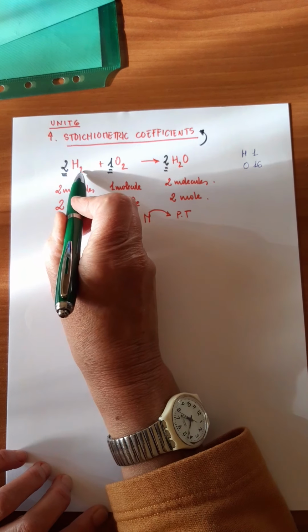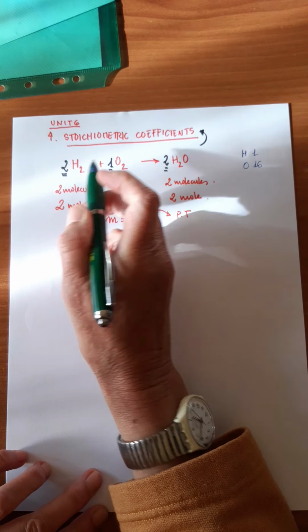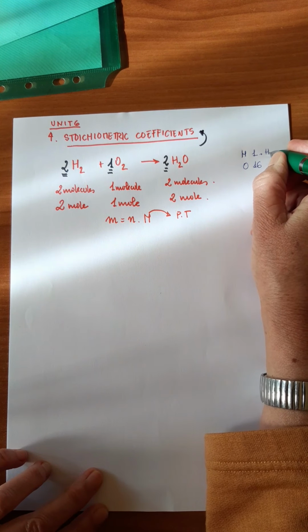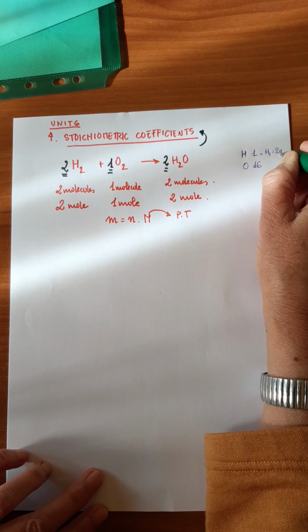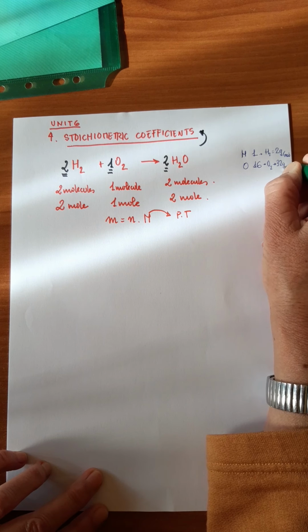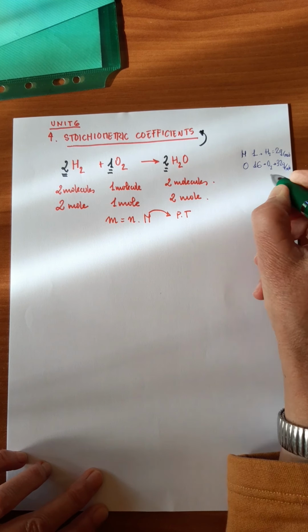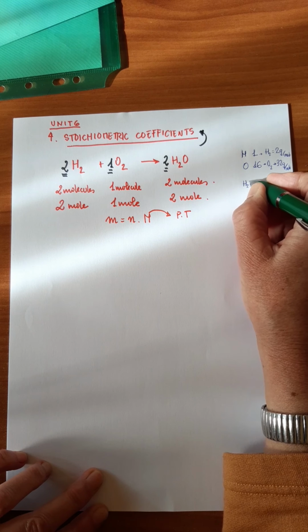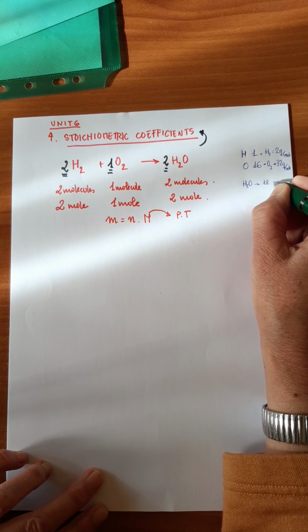So 2 atoms of hydrogen have molar mass of 2 grams per mole. The molecule of oxygen is 32 grams per mole, and the molecule of water is 18 grams per mole.